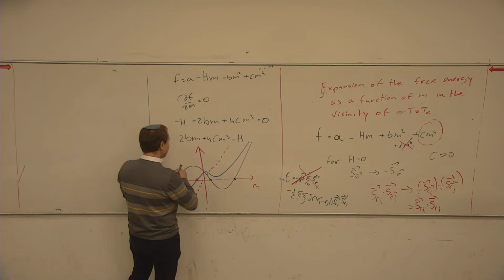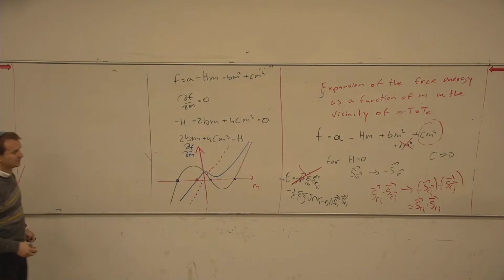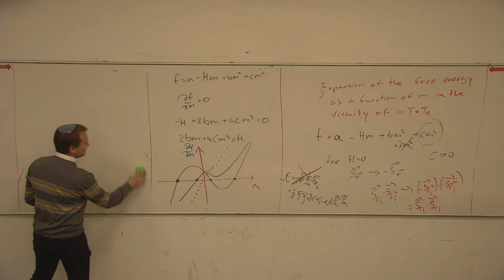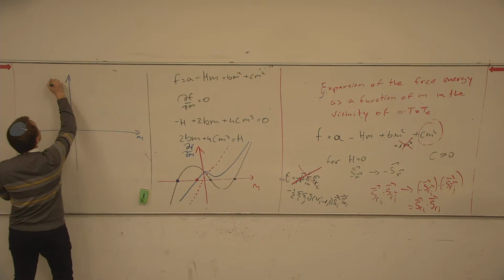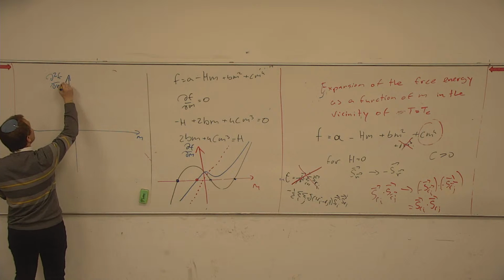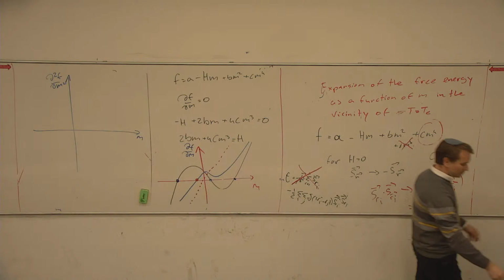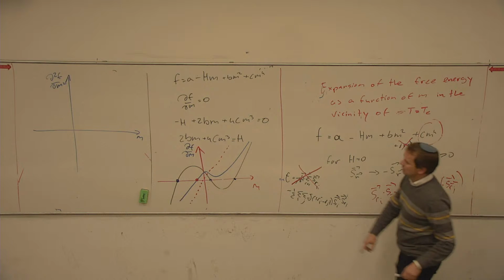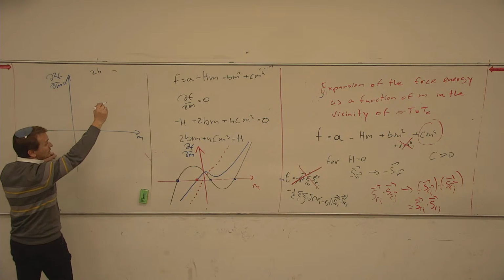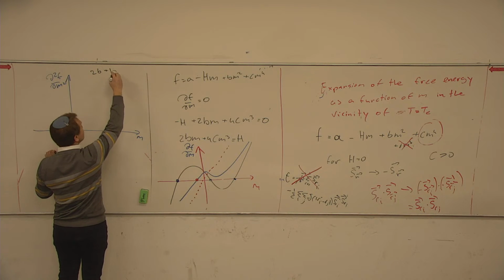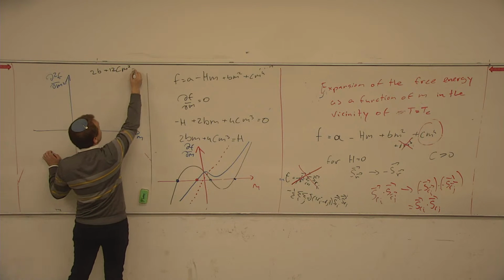This is F. This is d²F/dm² as a function of m. So now we're plotting d²F/dm² as a function of m. What is the derivative? We have 2b plus 12c m to the second power equals 0.